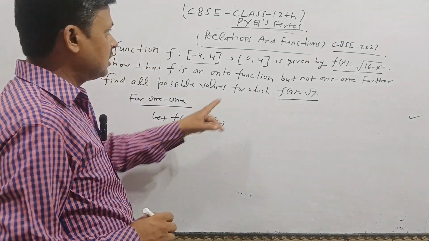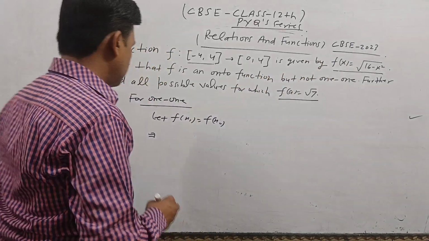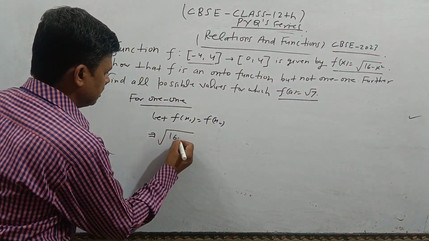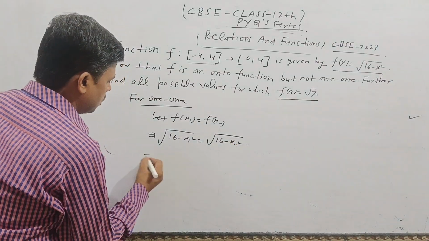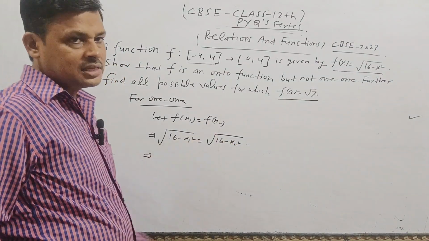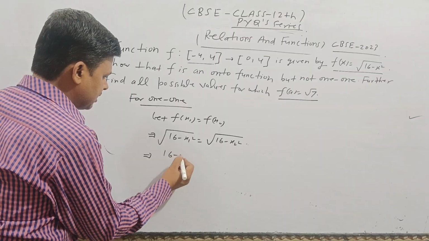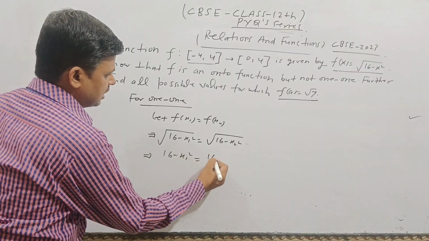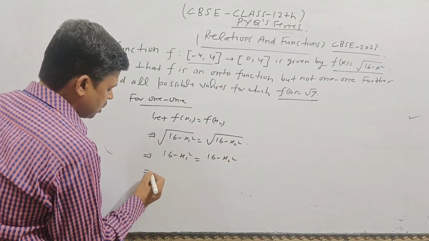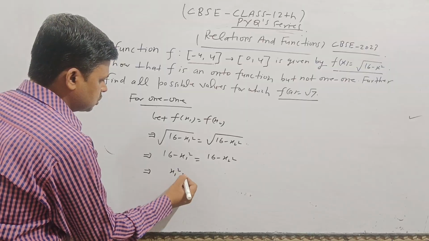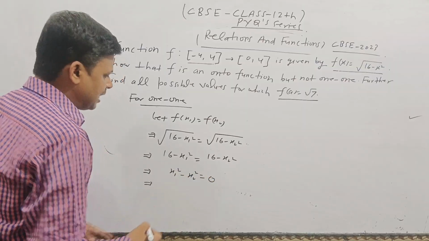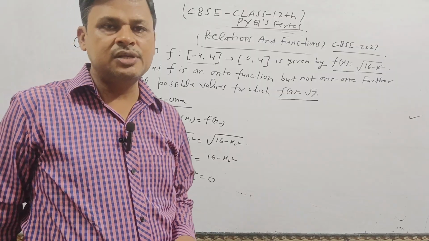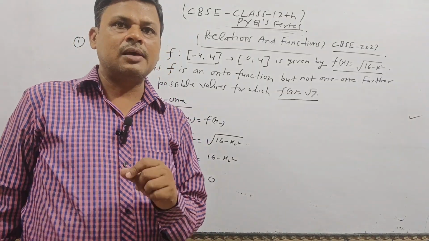So what will happen here? The definition of the function is this. So we can write root 16 minus x1 square is equal to root 16 minus x2 square. After squaring both the sides, you can write 16 minus x1 square is equal to 16 minus x2 square. You can write x1 square minus x2 square is equal to 0. Then you can apply the formula a square minus b square, which is (a minus b)(a plus b).